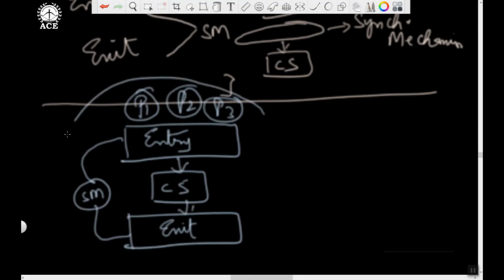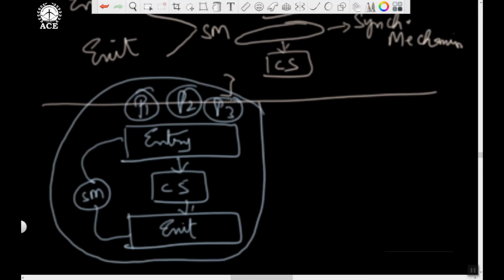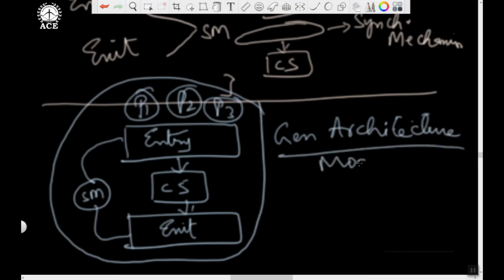So this is the general structure, architecture of any synchronization mechanism. This is called the general architecture or model of critical section problem.